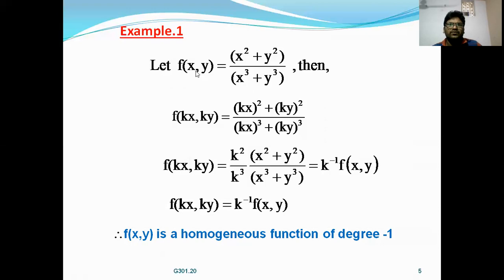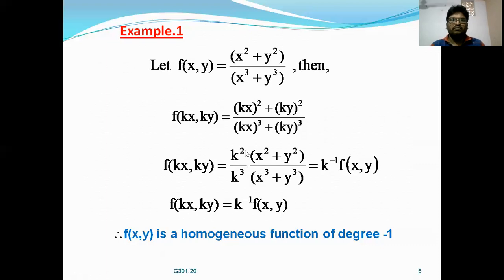Here x is replaced by kx and y is replaced by ky. On the right side also, kx whole square plus ky whole square by kx whole cube plus ky whole cube. From the numerator you take common k square, then you get x square plus y square. In the denominator, you take common k cube, and you get x cube plus y cube.